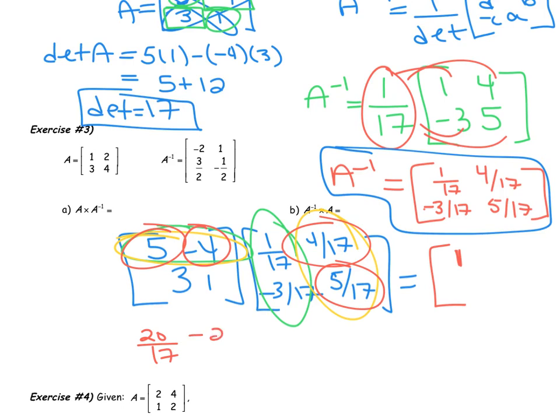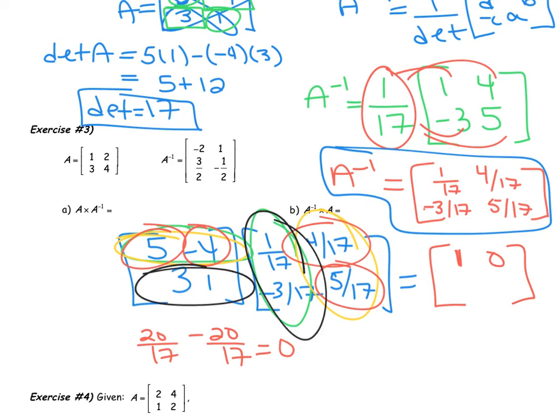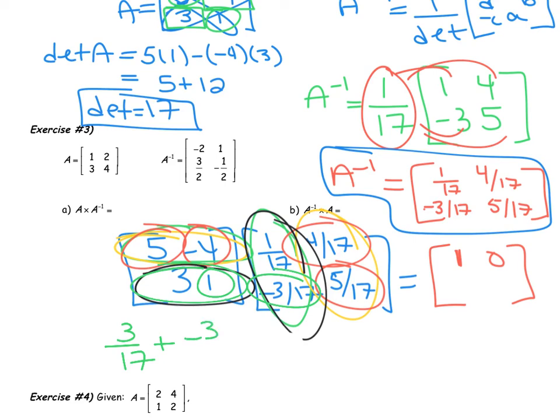Well, that's -20 over 17. So that's just 0. All right, keep going. I've got 3, 1. Let's pick a different color. Let's do black. 3, 1 and 1/17 is -3/17. So let's multiply those. I'll get 3 over 17 plus -3 over 17. So again, that's just 0.